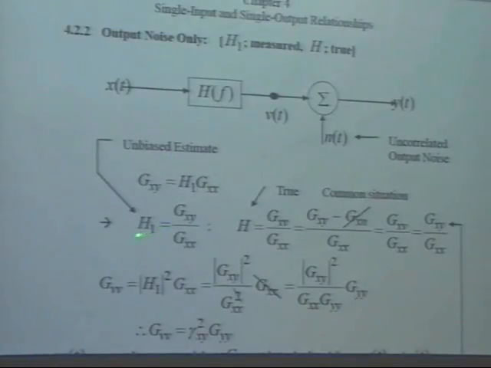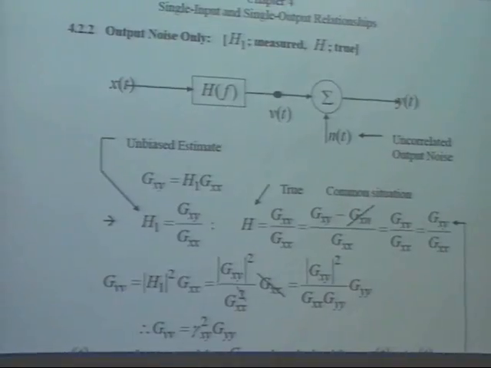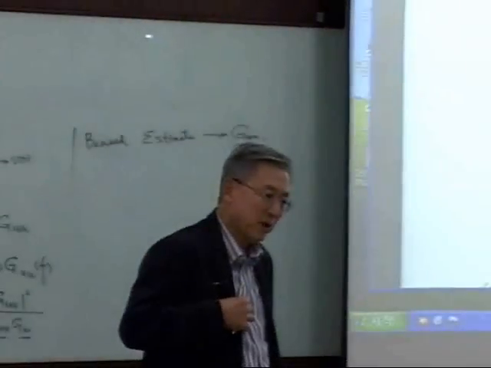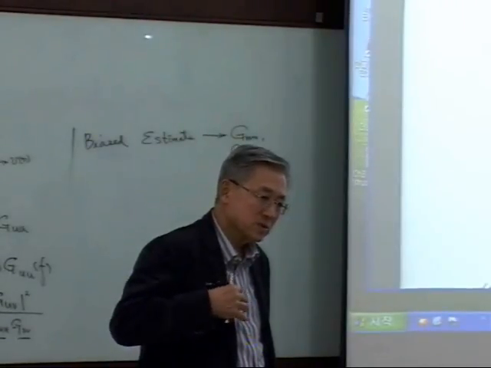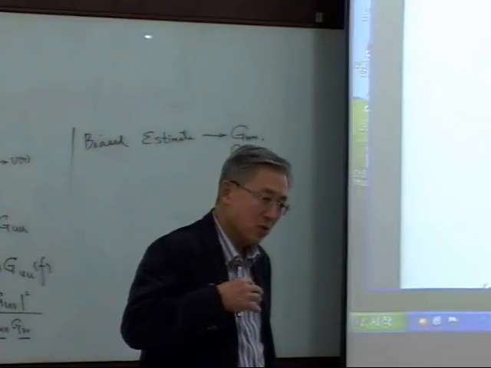Looking at this, this is measured, this XY. Y is V plus N, which means noise has to be involved here. But I said H1 is supposed to be, by common sense right now, a biased estimate. The error has to be there. So it should be a biased estimate. Noise is going to show up in there.